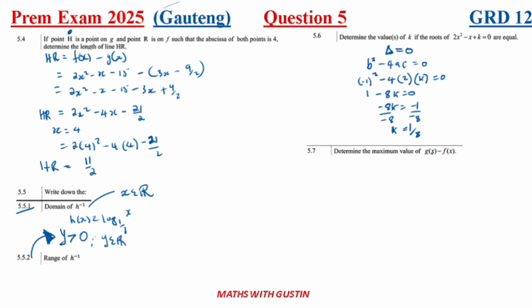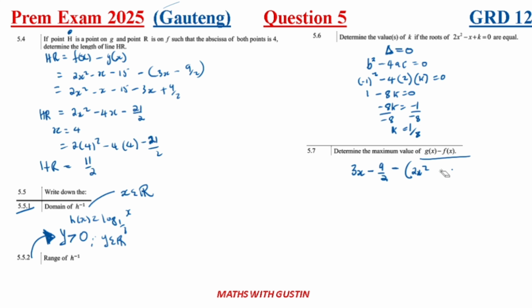5.7 is to determine the maximum value of g of x minus f of x. Right. So we know the function g of x, which is our straight line, was given to us by 3x minus 9 over 2, and then you're going to say minus, in brackets, you're going to have negative 2x squared plus x plus 15.